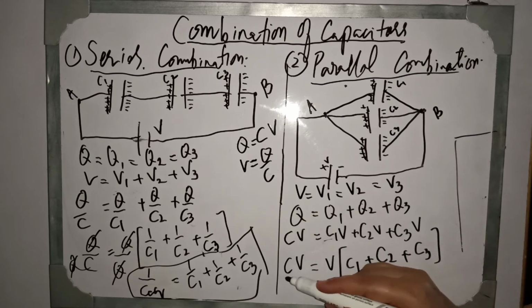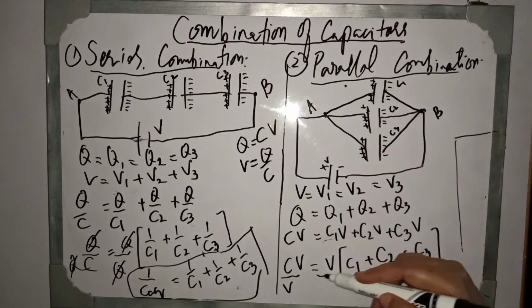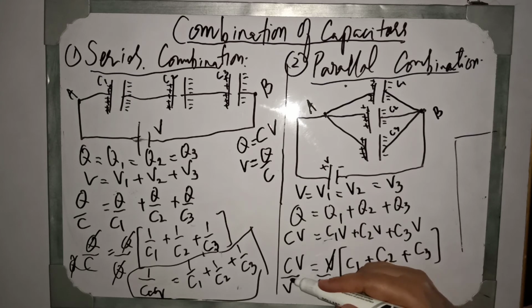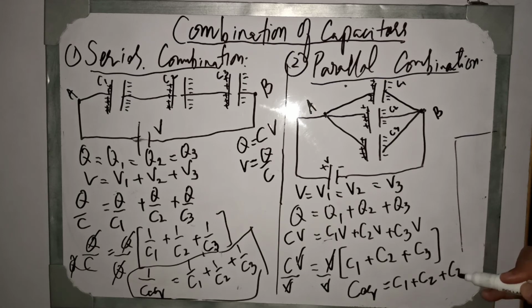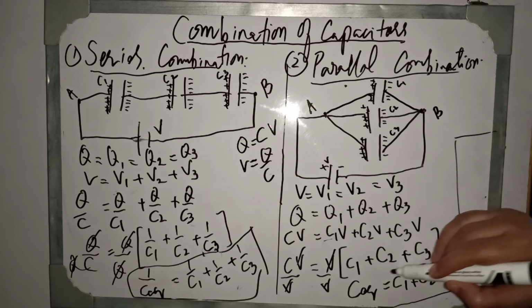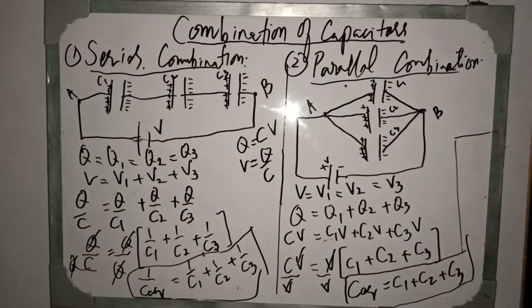By dividing by V on both sides, V will be cancelled, and the equivalent capacitance C equivalent is now equal to C1 plus C2 plus C3. This is the end result for the equivalent capacitance of a parallel combination of capacitors.